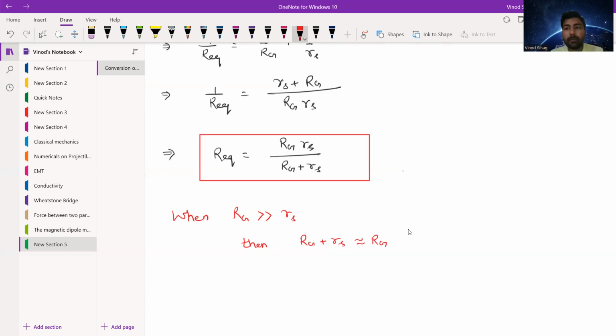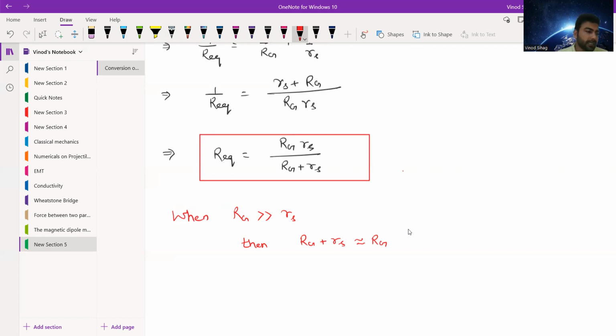Let's say, for example, the value of Rg is 1000 ohm, and the shunt resistance is 1 ohm or 2 ohm. If you add 1 or 2 to 1000, it will be approximately 1001 and 1002. So we can say that the nearby value is 1000 only. So that's why it is Rg.